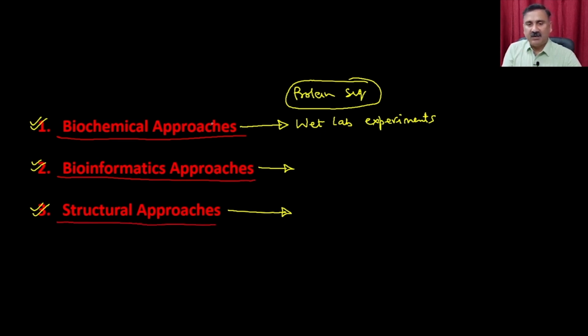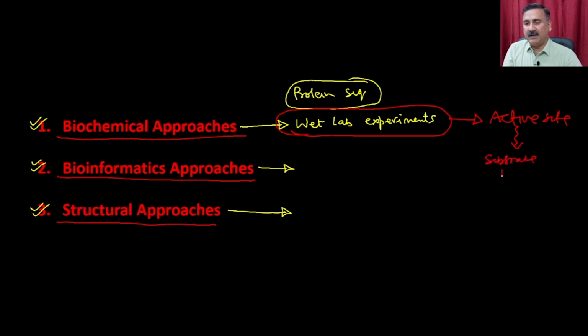Biochemical approach means you are going to do wet lab experiments to know where the active site is. And you know that the active site means the site which is going to have the substrate binding, and the place which is going to have the residues, the active site residues, which are going to facilitate the catalysis.